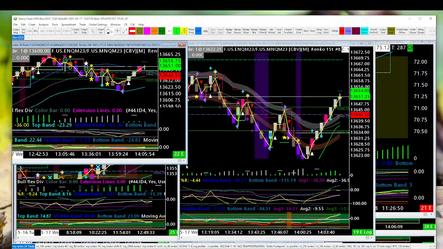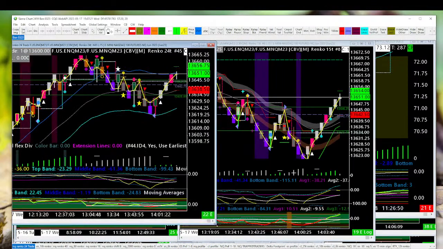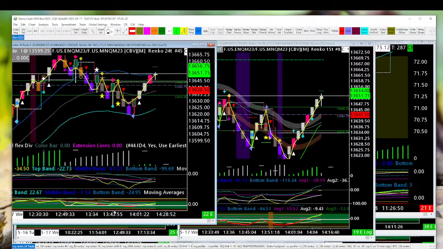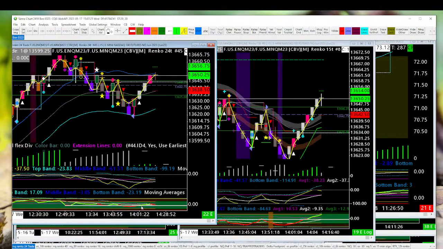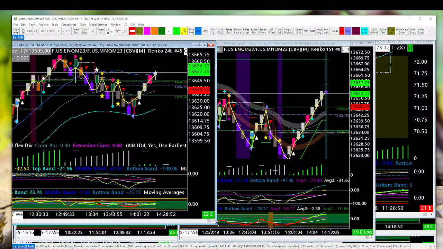So on the 24 tick, oops, no divergence at all. White underneath purple just doesn't look that bullish on the 24 tick.